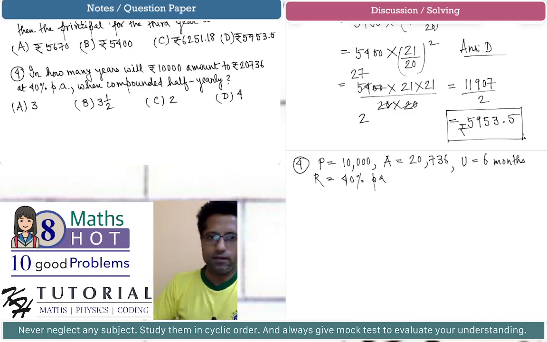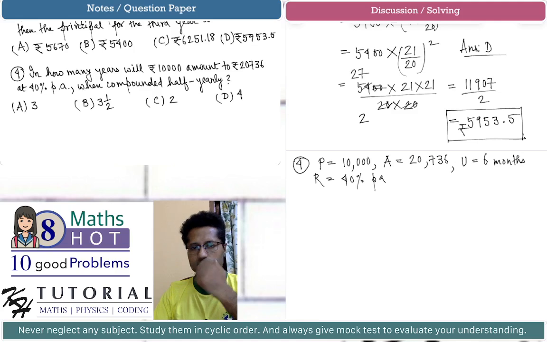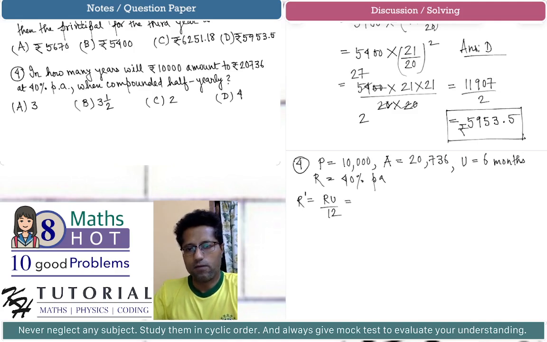So we have to find the T, that is the time period. Now, first of all, what is R dash? R dash is equal to R U by 12, which is 40 multiplied by 6 by 12. This is R by 2.